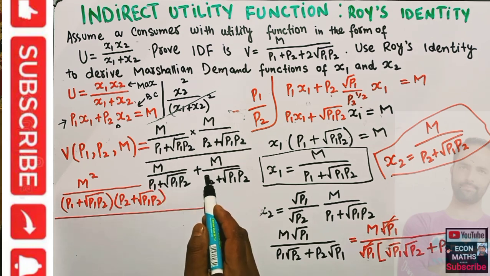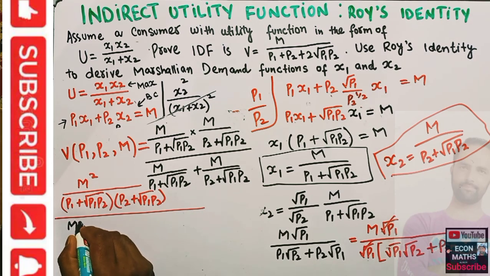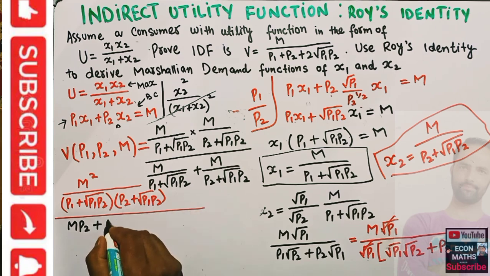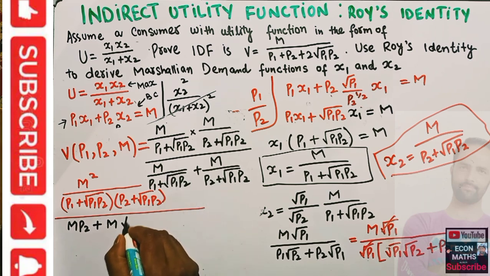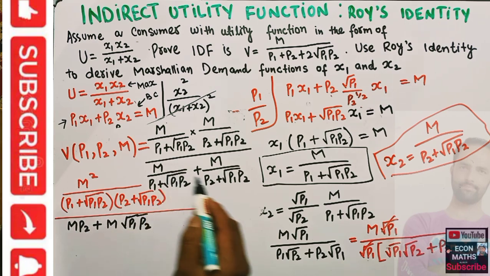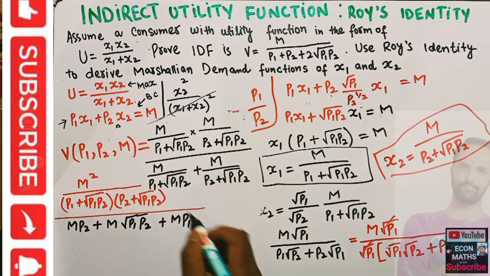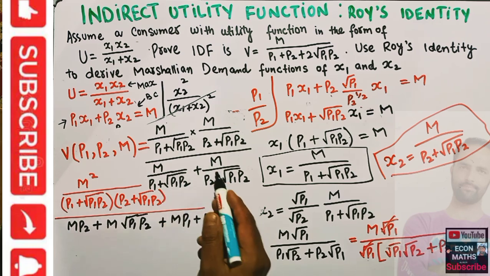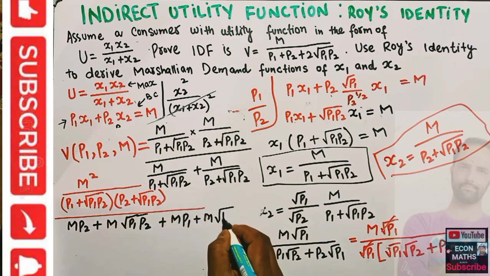So here I can write it like this: m into p2, so we have m upon p2 plus m into root p1 p2, okay, multiplying this, then we have plus m p1, plus m, again this, p1 into p2.